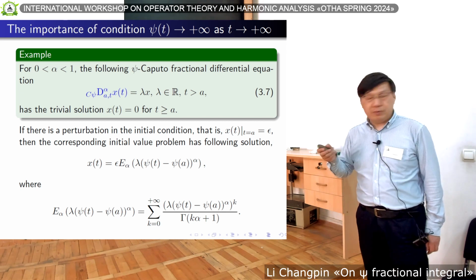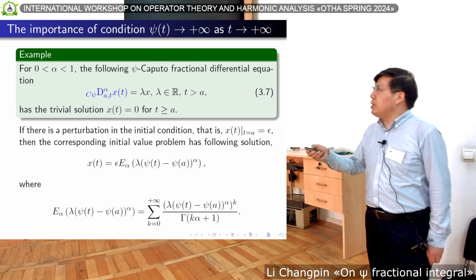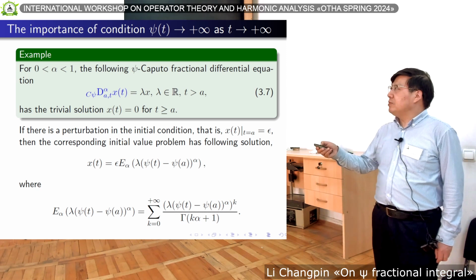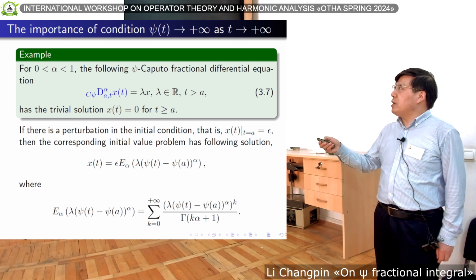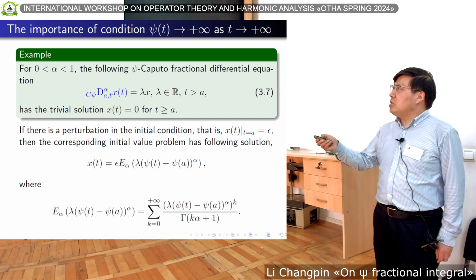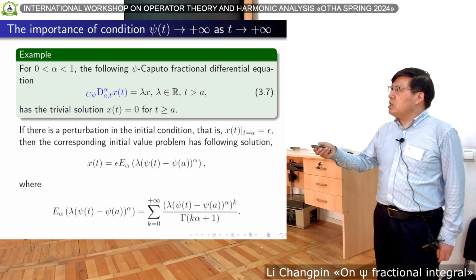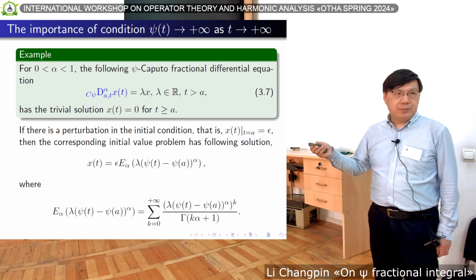So something different. Then we can get a solution like this. Now there is a perturbation in the initial value. Then we get the solution. This is the single parameter Mittag-Leffler function.